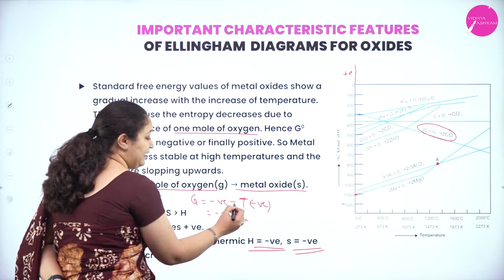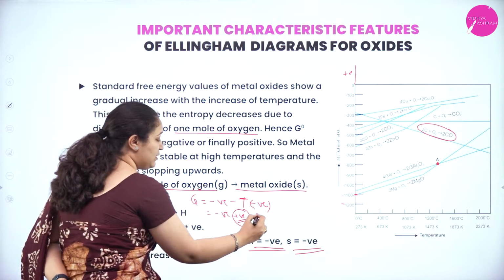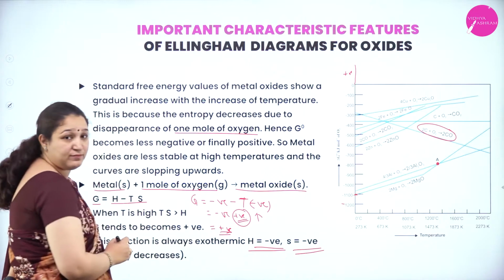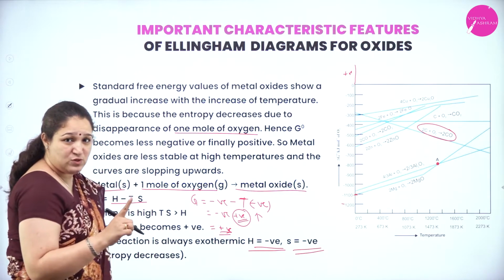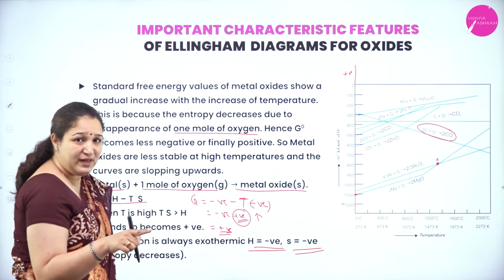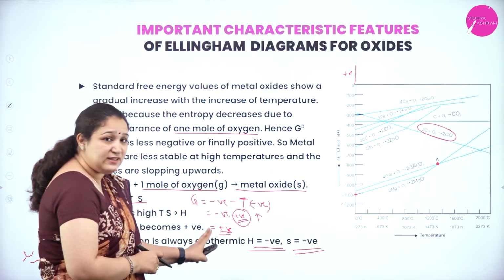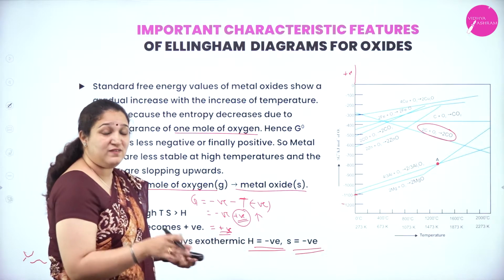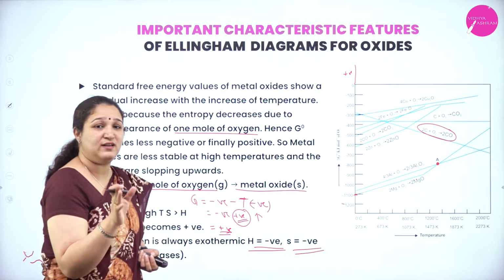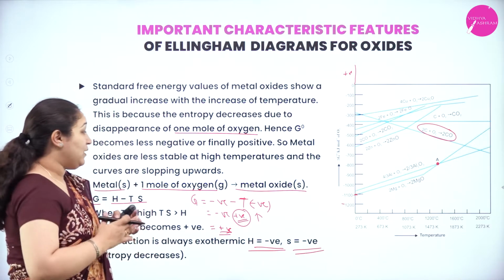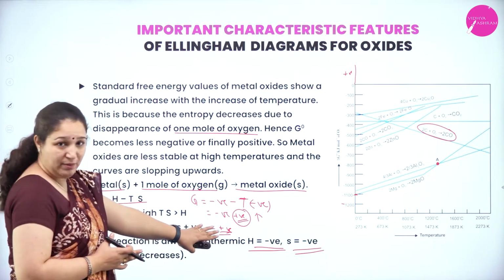And at high temperature, this positive value will be so high that G can come as a positive value and not negative. So we have to see at what temperature the Gibbs free energy will still be negative, so that the process is feasible. I hope you have understood this particular part.